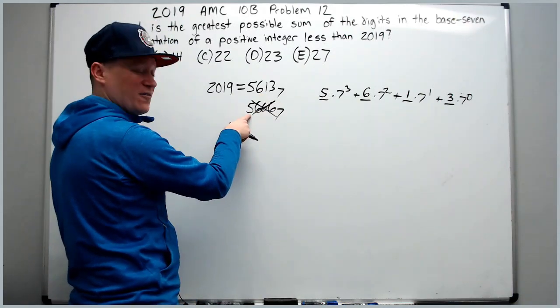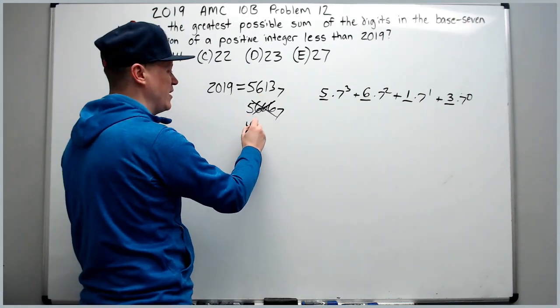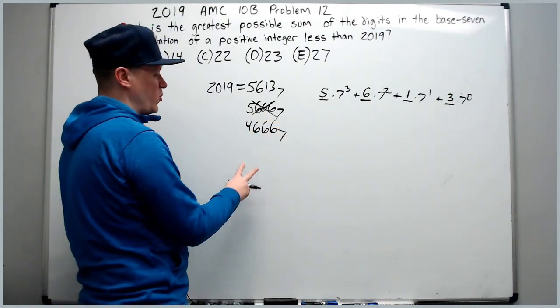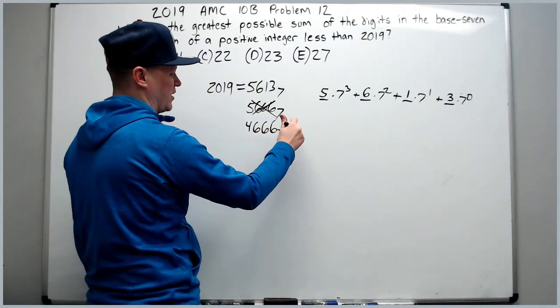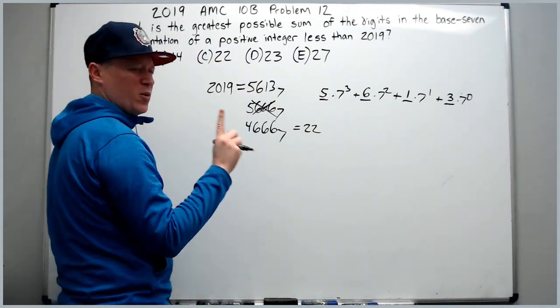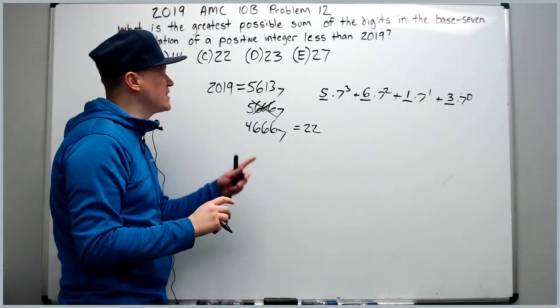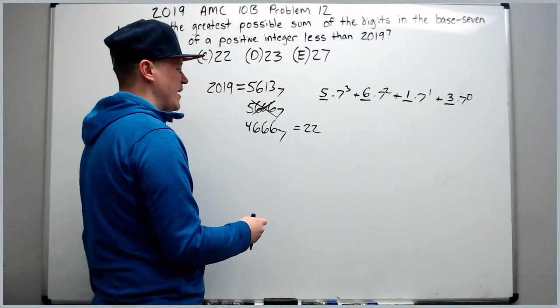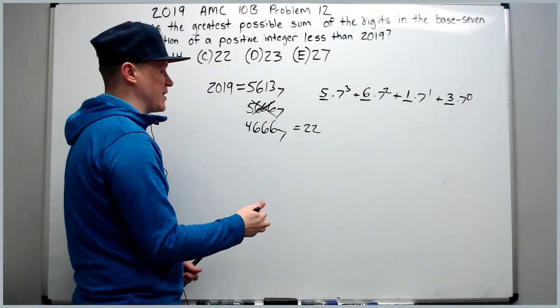But if I take the 5 and reduce it by 1, 4666 base 7, that's okay. We can sum this to get 18 plus 4, a sum of 22. But we want to make sure we're not making a mistake, because 23 is really close to that. Maybe we can get a little bigger. And you want to avoid trap answers and such.